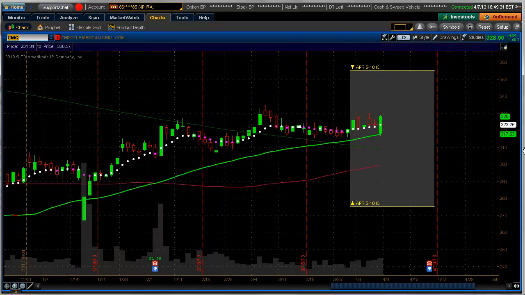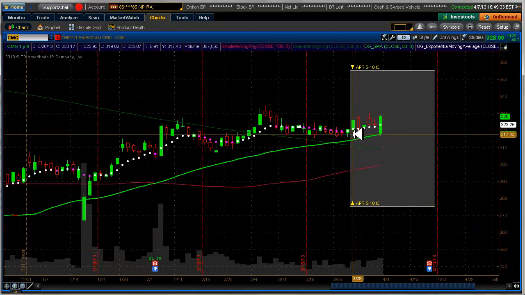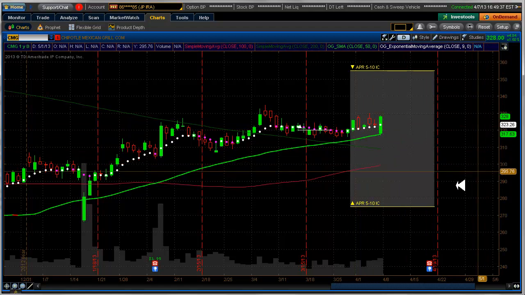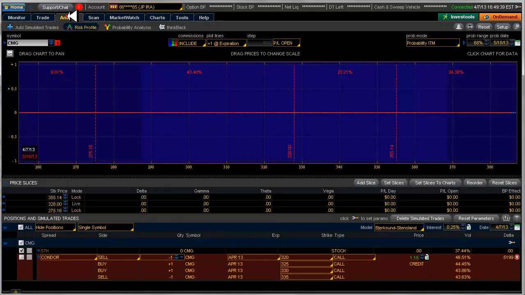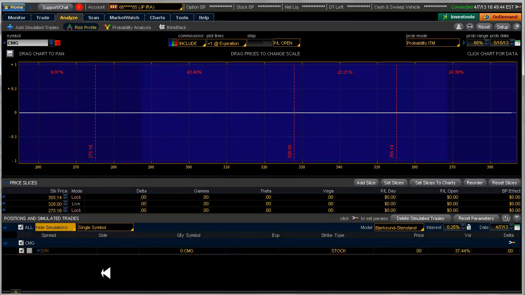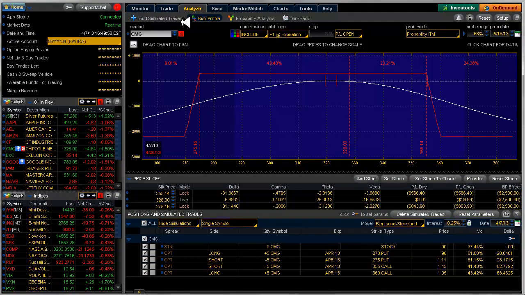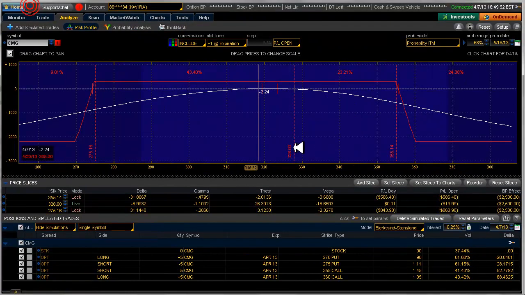So this is the date that I put this on, the 28th it was, and we'll take a look at how it's doing. Let's do hide simulations, and I have to change accounts here to go to the Profit 10 portfolio account. I'll move that back over here.